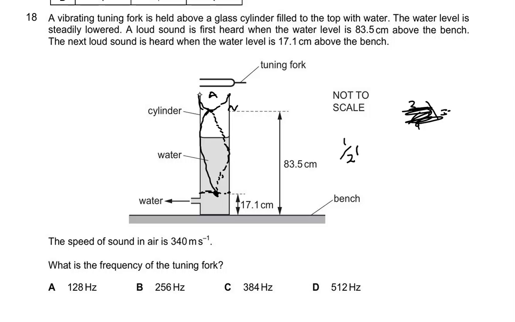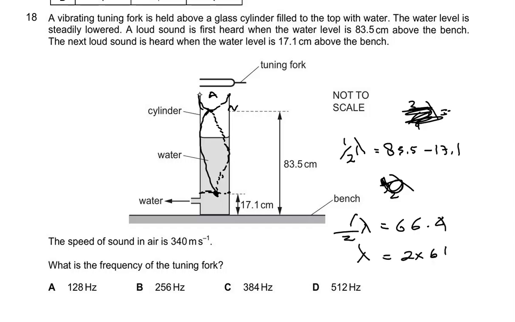So half wavelength is equal to 83.5 minus 70.1, and the wavelength here is equal to 1 centimeter or equals 1.328 meter.